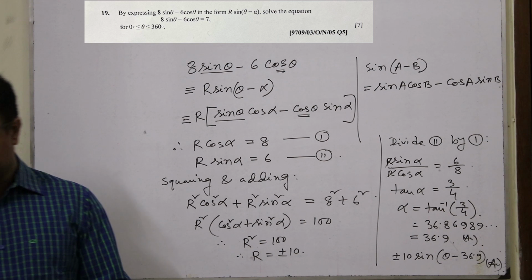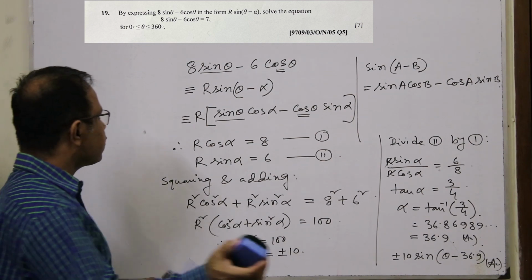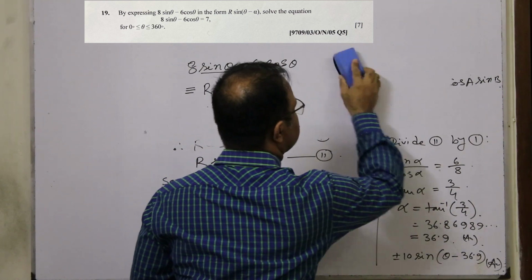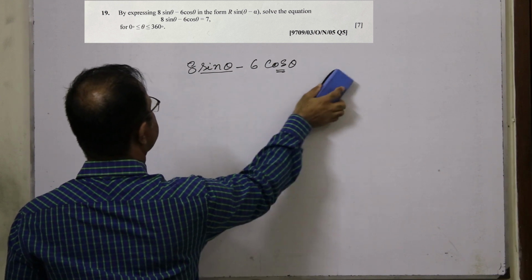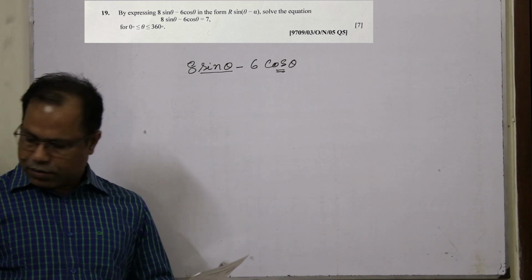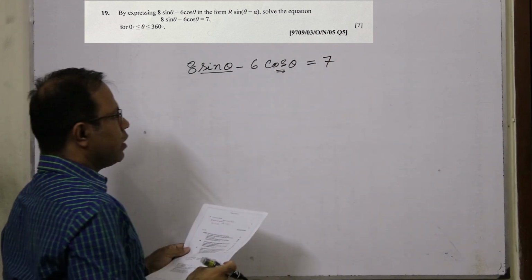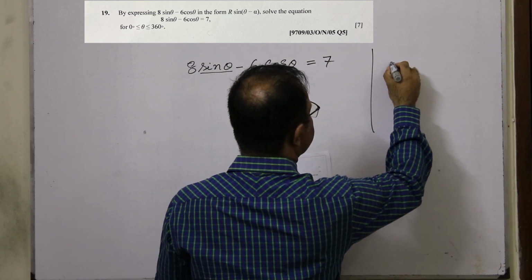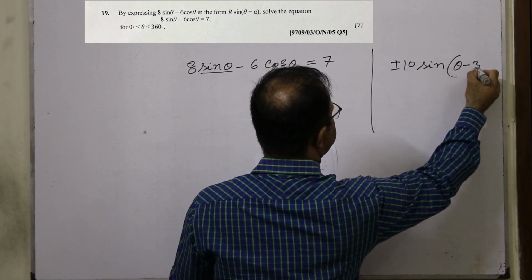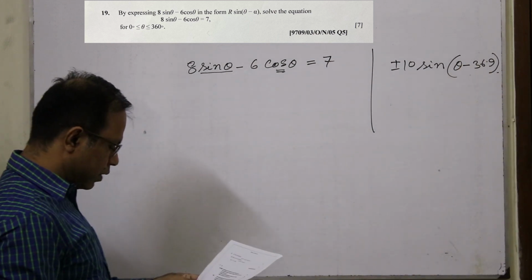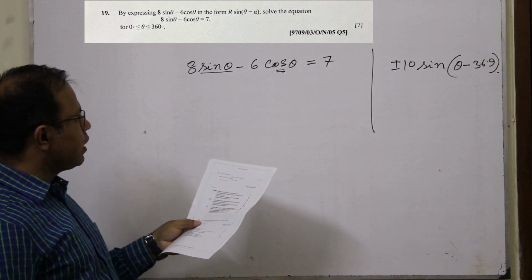Now the second part is we have to solve the equation 8 sine theta minus 6 cos theta equals 7. Here we got the expression plus or minus 10 sine of theta minus 36.9.